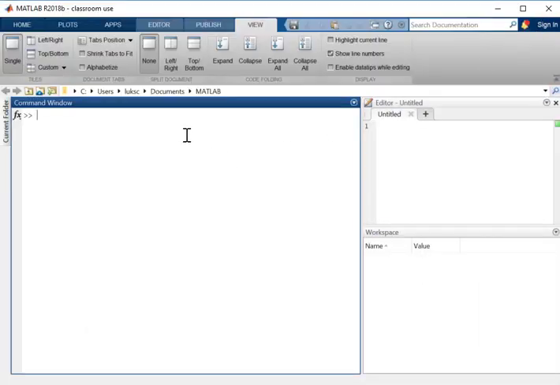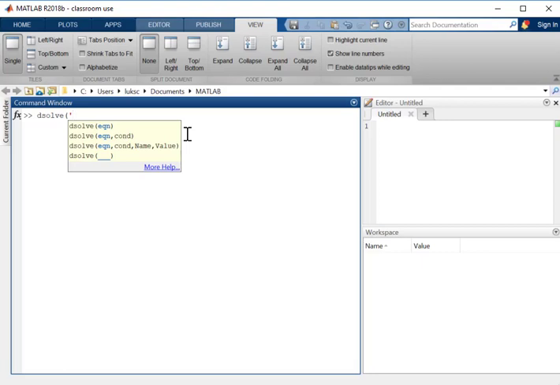So what I want to do is come to MATLAB, and the function that we're going to use in MATLAB is dsolve. So it's a differential equation solver, and in parentheses you're going to put the equation.